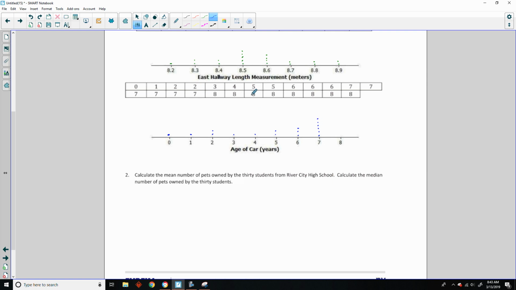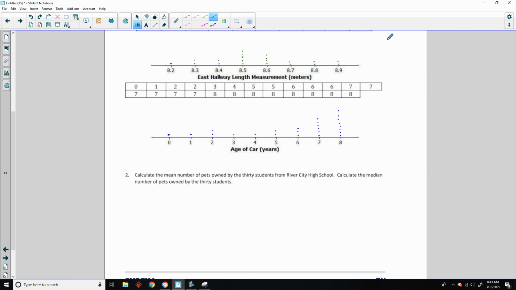And 8 said 8 years old. Okay, so there's our dot plot for age of cars.